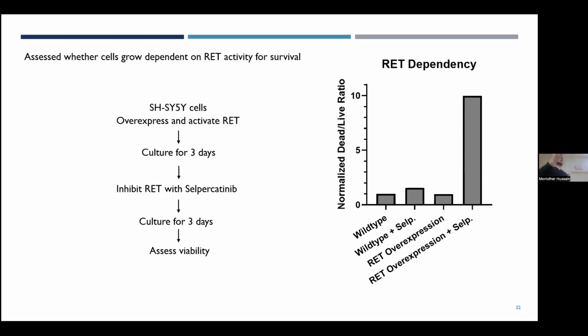And so those were some nice controls to show that it's only when you allow the cells to grow with RET hyperactivity, and then you take away RET, that these cells will die. And so the conclusion from this is that cells overexpressing RET do grow dependent on RET activity.